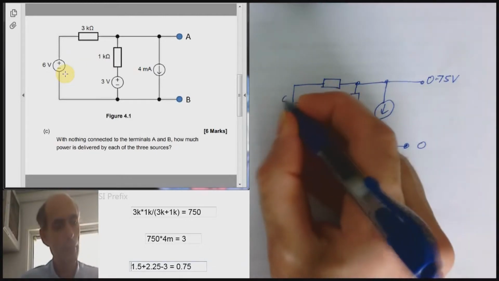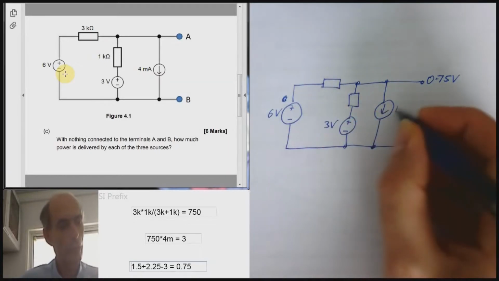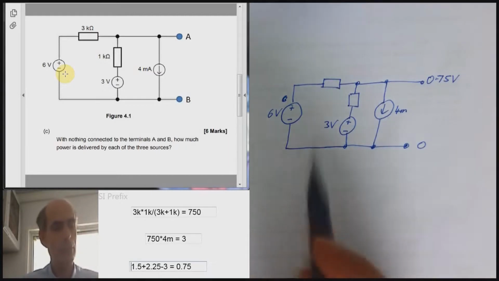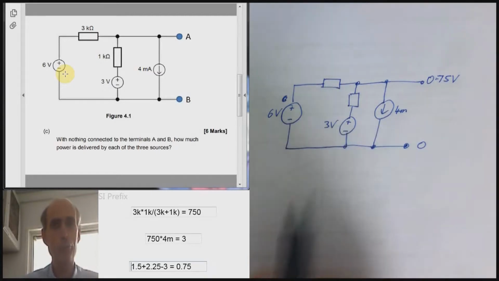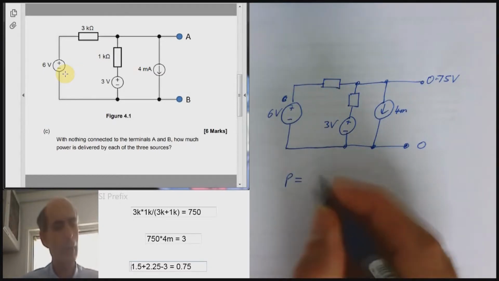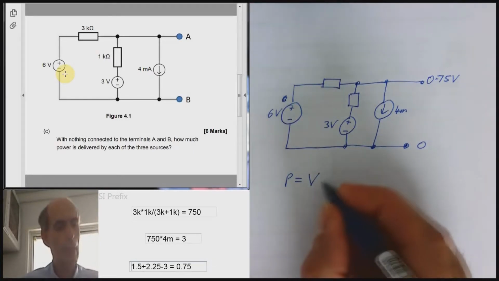Right, this is a 6 volt source, this is a 3 volt source, this is a 4 milliamp current source. The power delivered by a source is related to, at DC anyway, the voltage across that source and the current flowing through it.